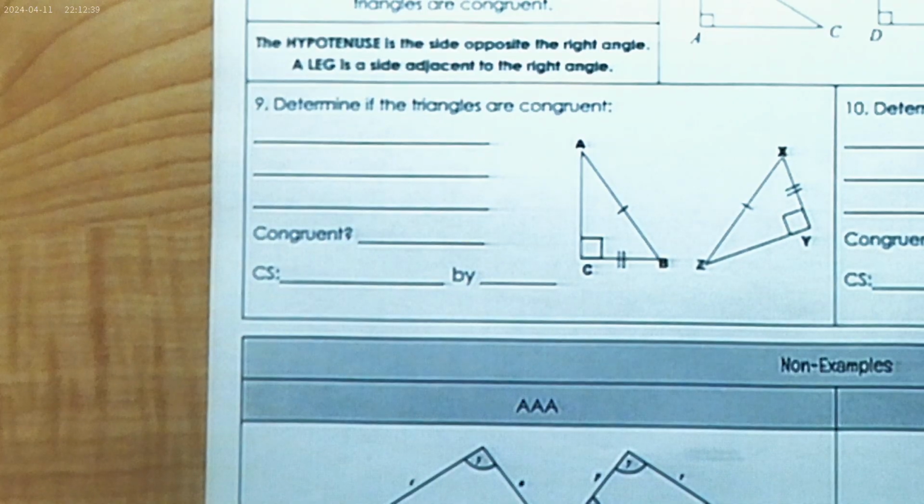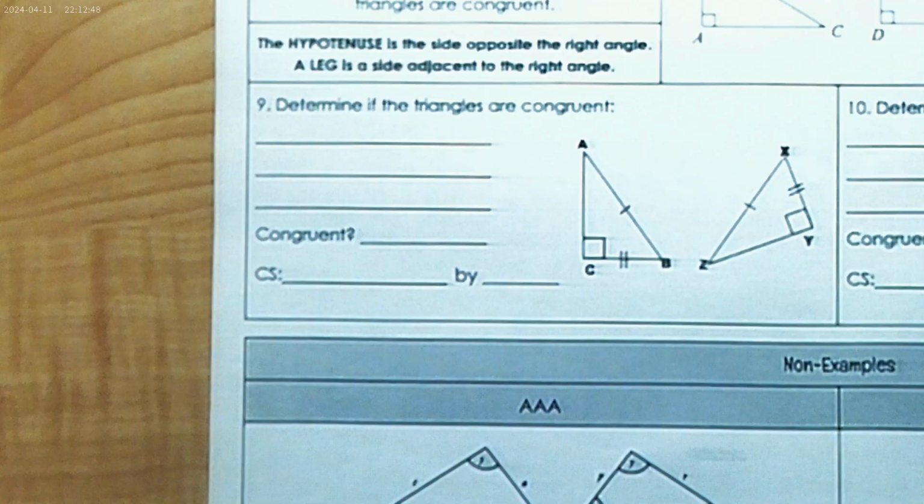Let's see. The first thing we have to do is show that, okay, if you're going to use a theorem that requires another condition to be met.